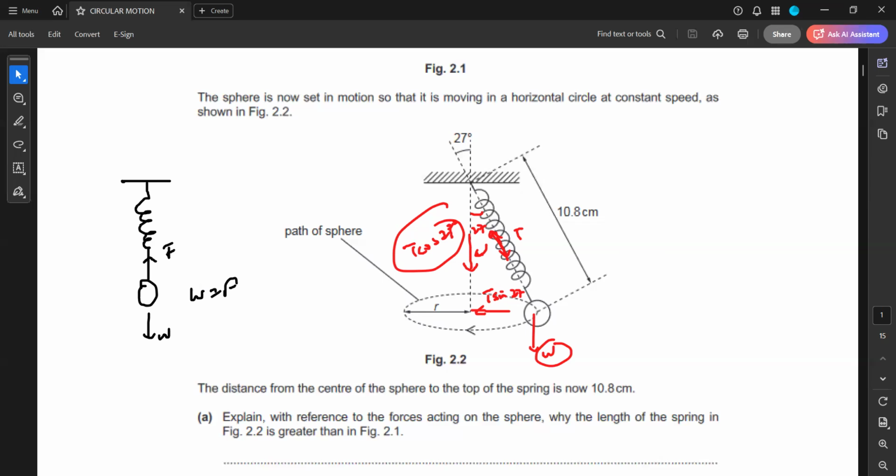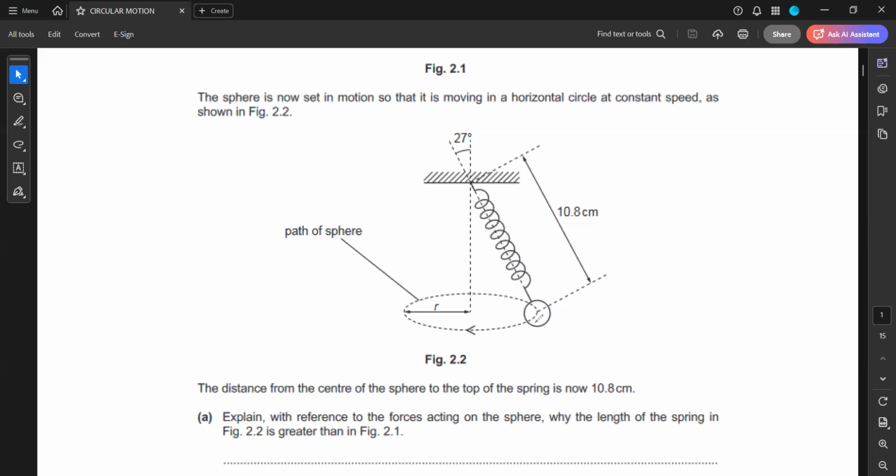The horizontal and vertical components of the forces combine together, which results in a greater force on the spring.